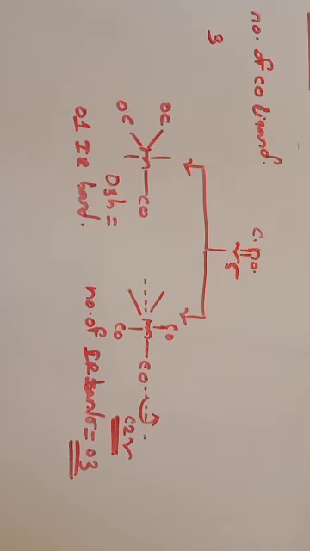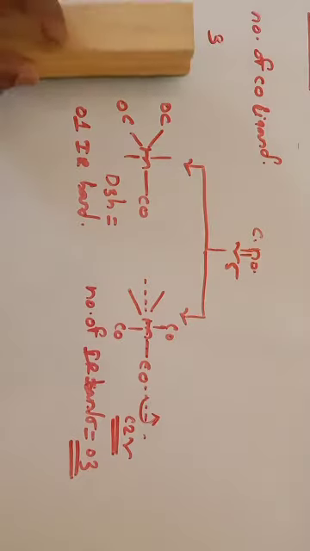So the first one is D3h, where we get only 1 IR band because all carbonyls are equivalent, and in the second case we get 3 IR bands, which indicates all 3 carbonyls are different.